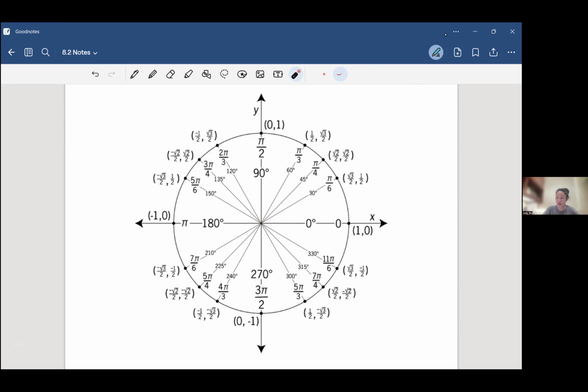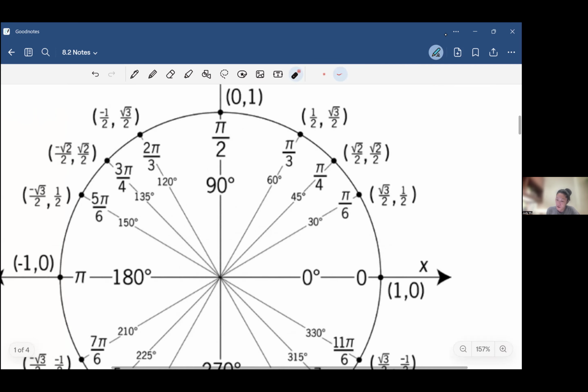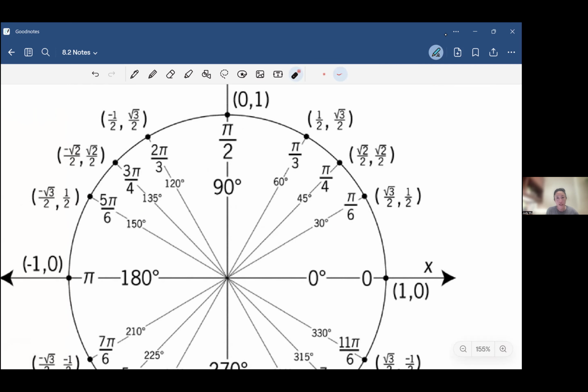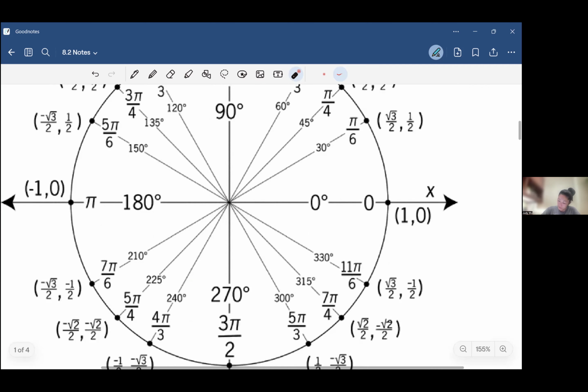And so the cool thing about this unit circle is that it has a lot of angles on here. For us, we're going to be in degrees, but it sometimes will be in what we call radians as well. We learned about those in 8.1, but we've got 0 degrees, we've got 90 degrees, we've got 180 degrees, we could even go to 300 degrees.